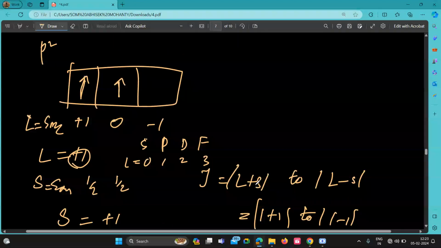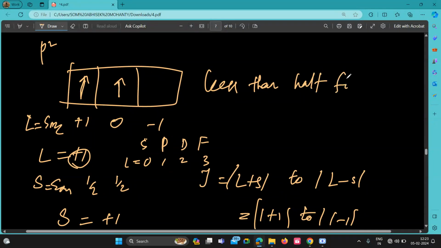Now this orbit is less than half filled. According to Hund's rule, if it is less than half filled, then the lowest J value will have the lowest energy.